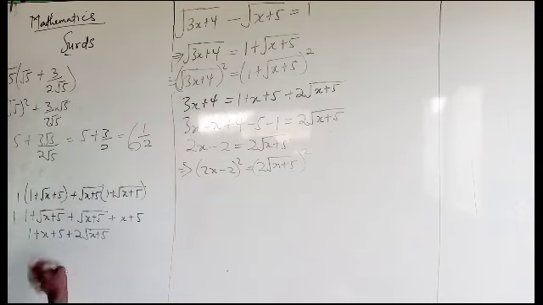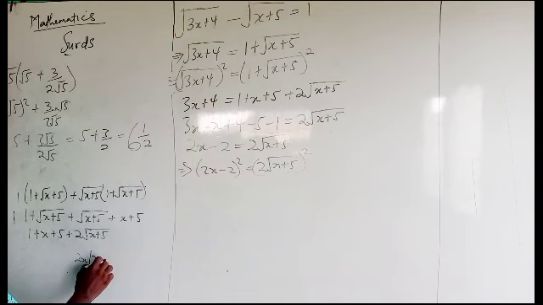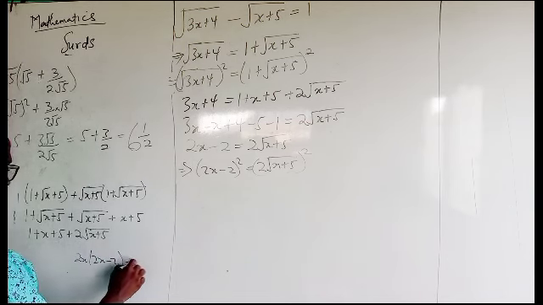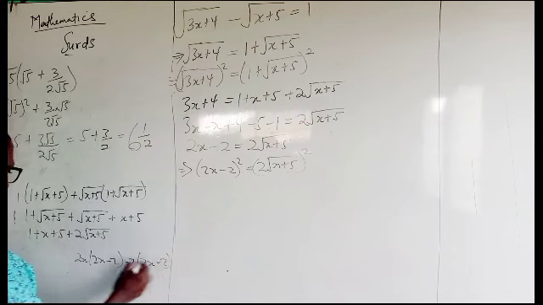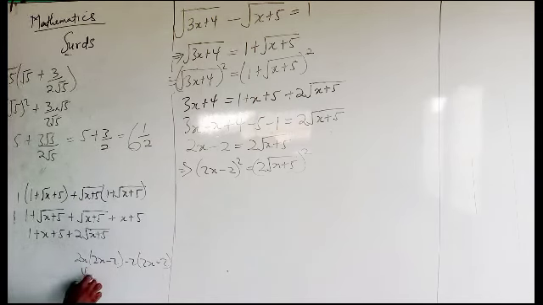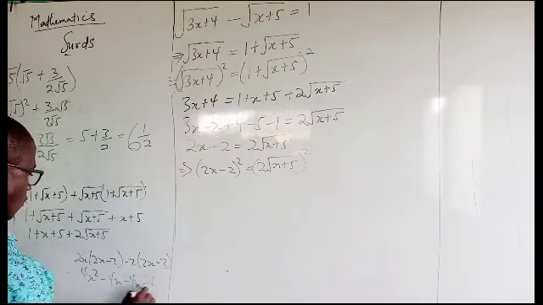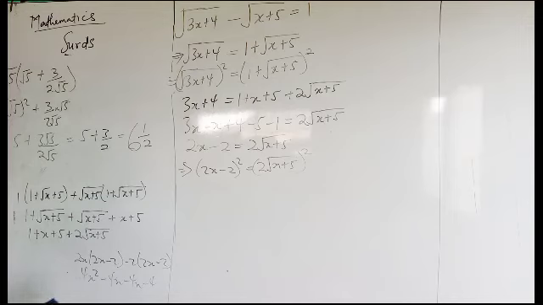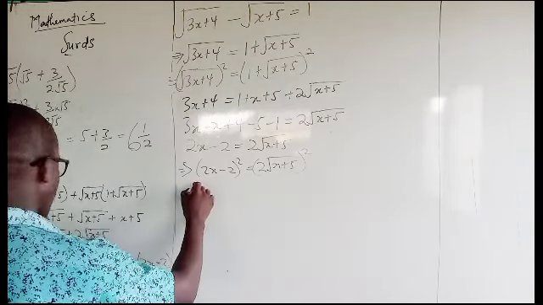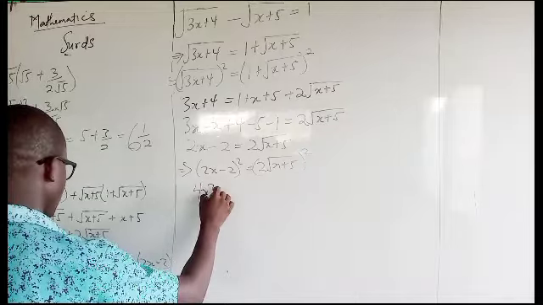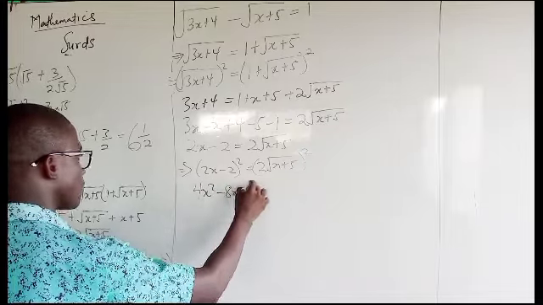So I can do the squaring here. That will be 2x minus 2 times 2x minus 2. So that will be 4x squared minus 4x minus 4x plus 4. So with the squaring, we get 4x squared minus 8x plus 4.